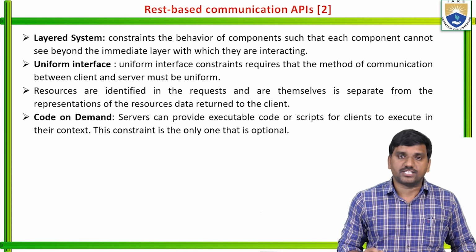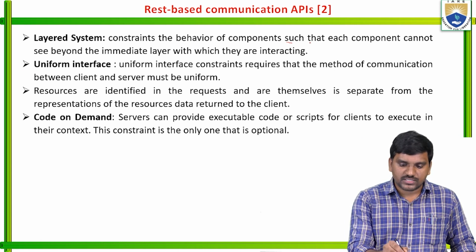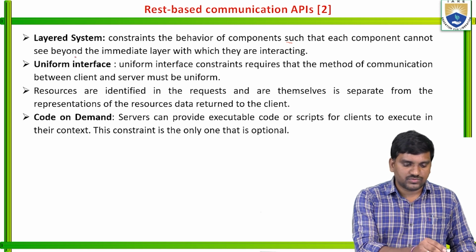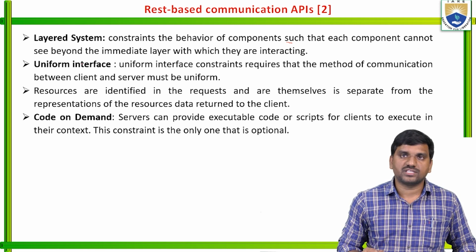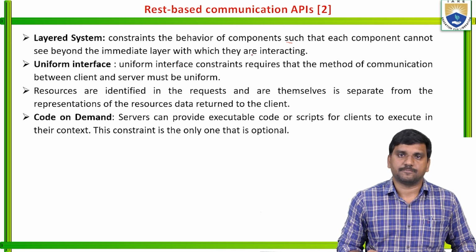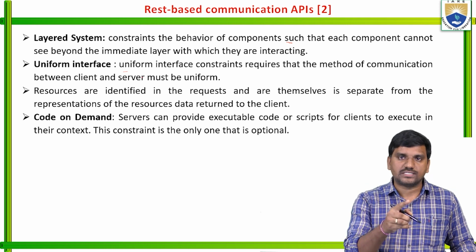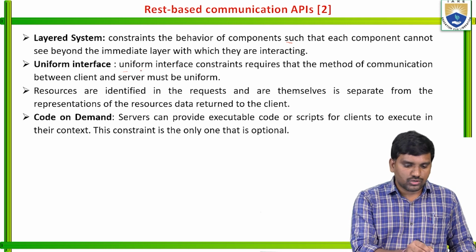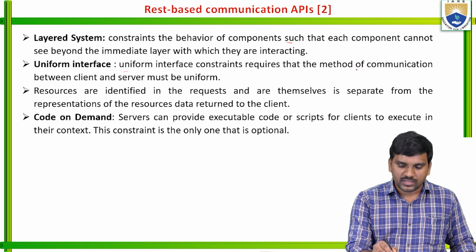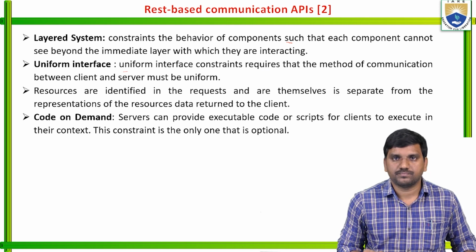Next, layered system. What is layered system? It constrains the behavior of components such that each component cannot see beyond the immediate layer with which they are interacting. Uniform interface. Uniform interface means only a single interface with the device. So uniform interface constraints require that the method of communication between client and server must be uniform.